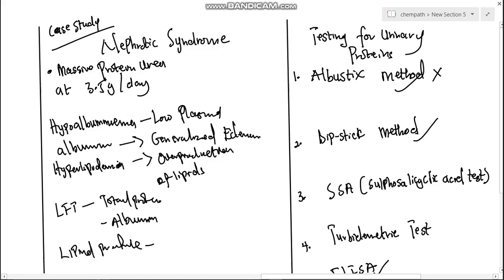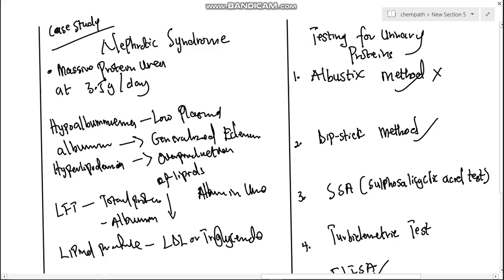When you realize that there is an increase in, let's say, LDL or triglyceride, together with a drop in total protein or albumin, and also the presence of albumin in urine, then we can diagnose nephrotic syndrome.